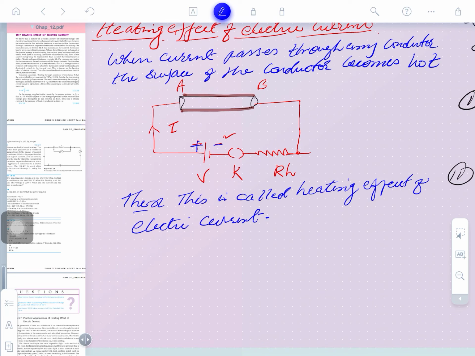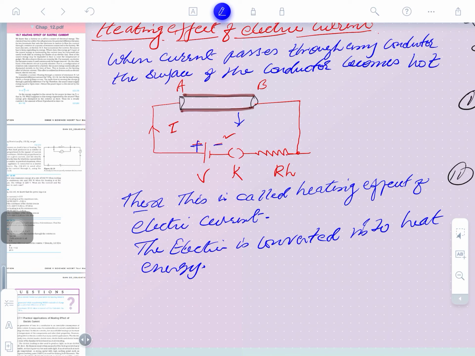Clear? So where is the heat coming from? Obviously, the electric energy is converted into heat energy. So we can write here that the electric energy is converted into heat energy.